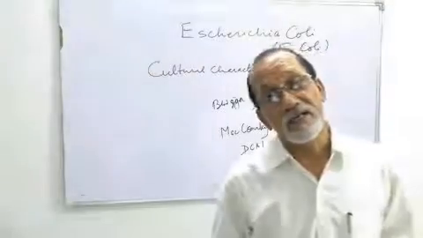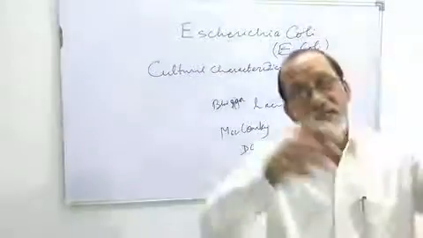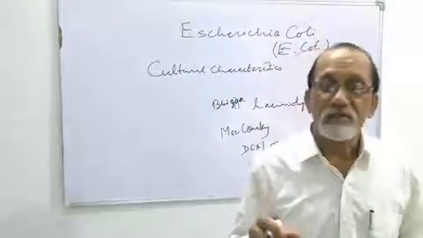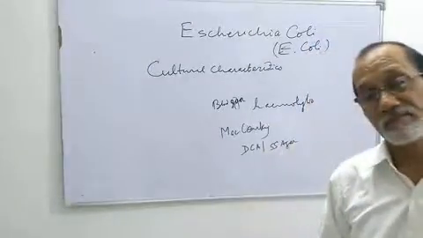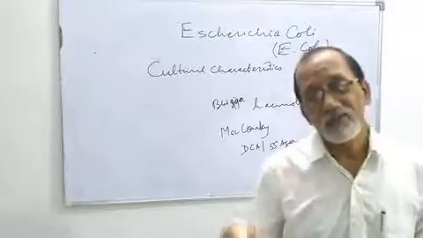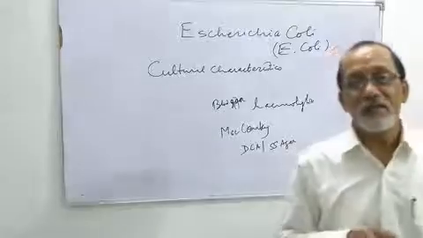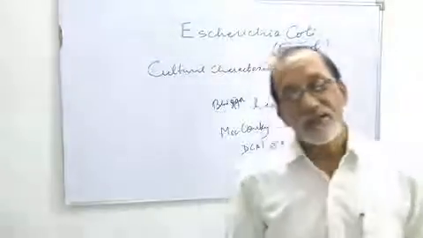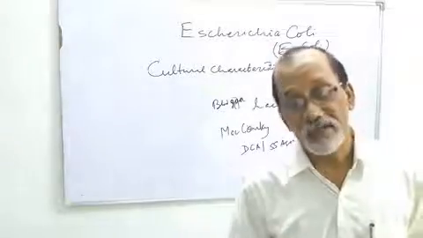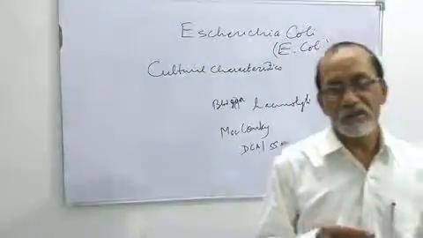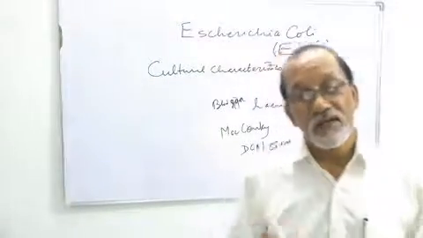In general, the colonies are circular, moist, smooth, with entire margin and non-mucoid, unlike colonies of Klebsiella, which are mucoid. Klebsiella we will study in the next lecture. Keep in mind that E. coli colonies are non-mucoid.